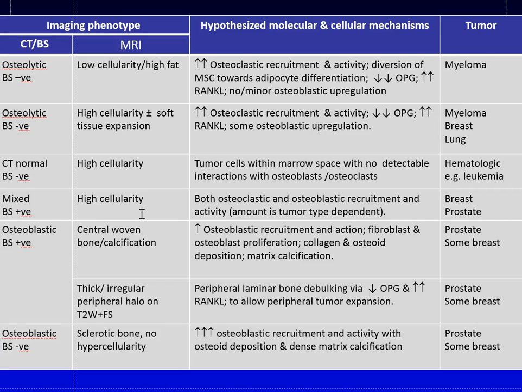So there are a number of different patterns that one can see on CT scans, bone scans and MRI scans, and the common types of tumors that cause these imaging phenotypes are shown on the left.